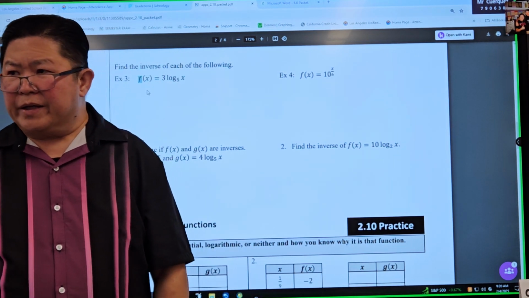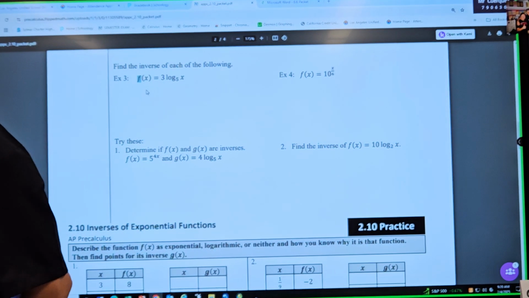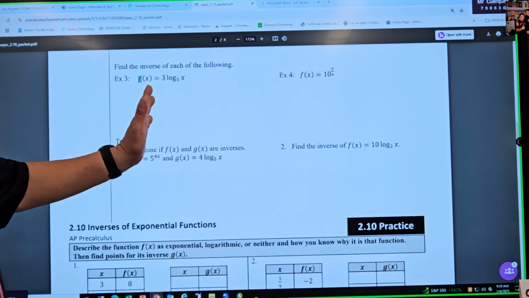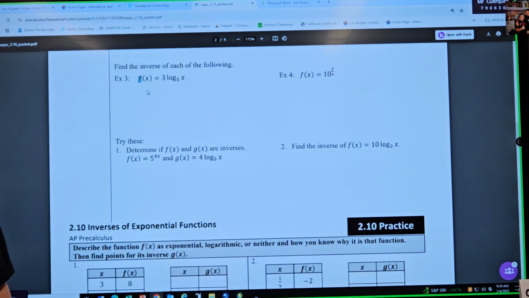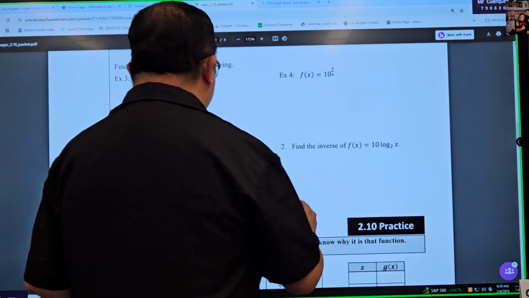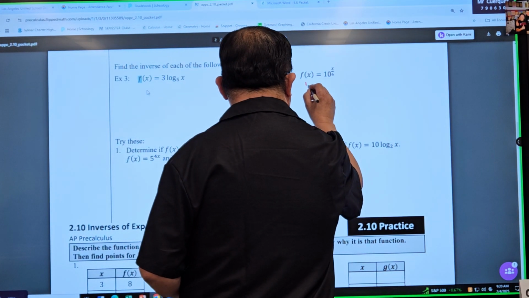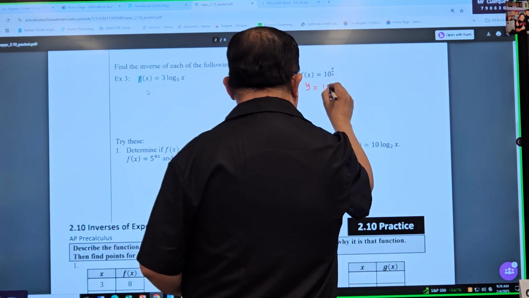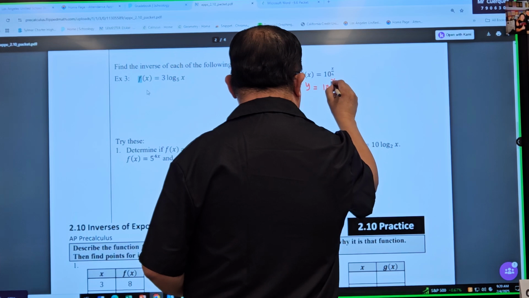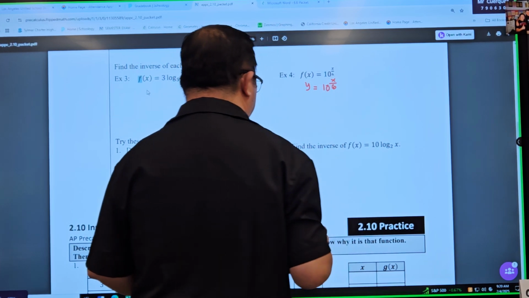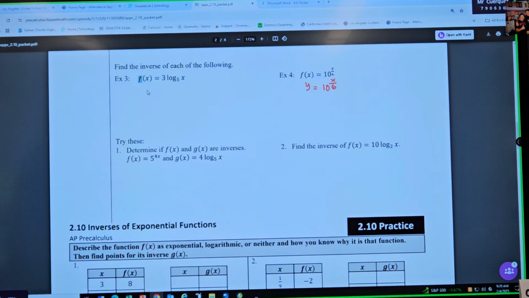What is f of x equivalent to? What we did a while ago in number 3. We are rewriting, right? So we rewrite this into y equals 10 to the power of x over 6. We're done rewriting.